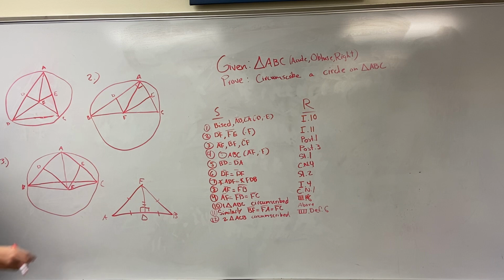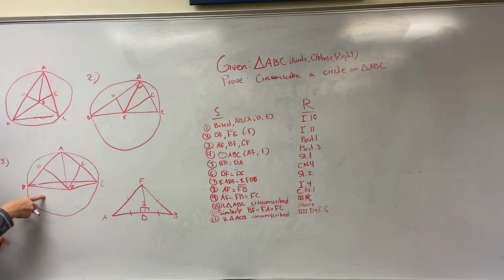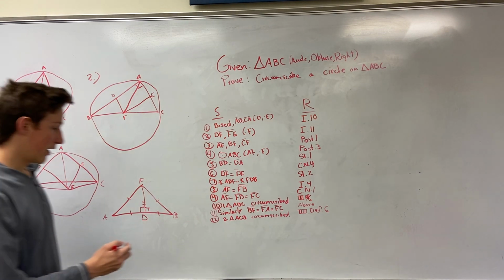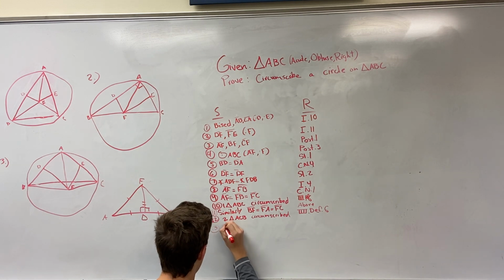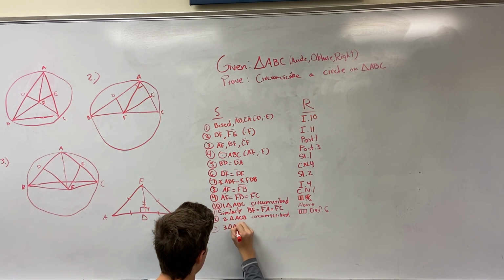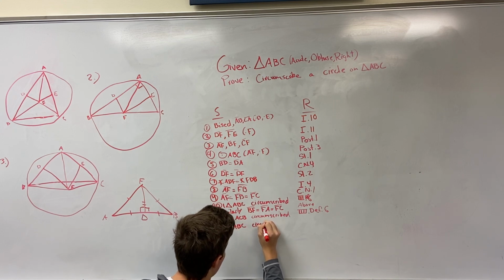The same thing, for the same reason, you would use the same thing. And so now we know for this triangle that from the center point, it is hitting all of the angles. So we know that this triangle 3 has been circumscribed. 3, triangle ABC, circumscribed.